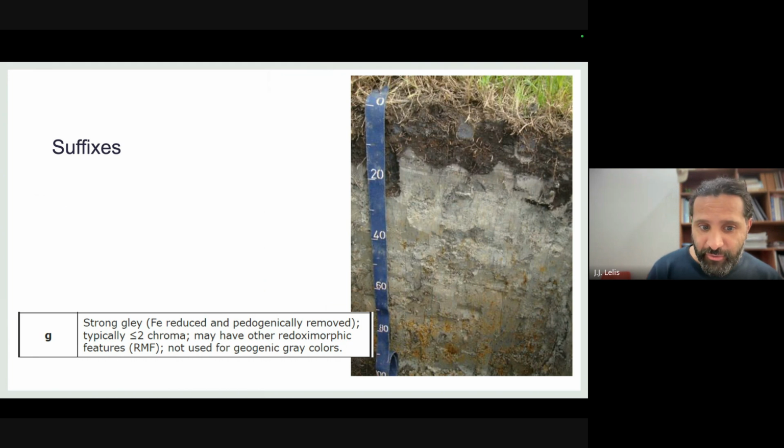Because of these conditions, the iron oxides like goethite or hematite are destroyed, and now the soil matrix color acts like a gray color without any hue. The absence of hue shows you that you don't have iron oxides, or at least they are not dominant, and then you use the letter G.